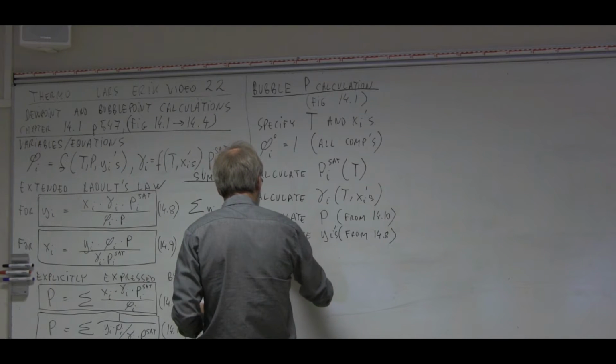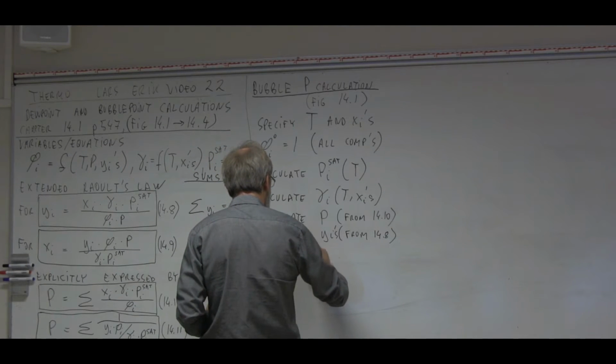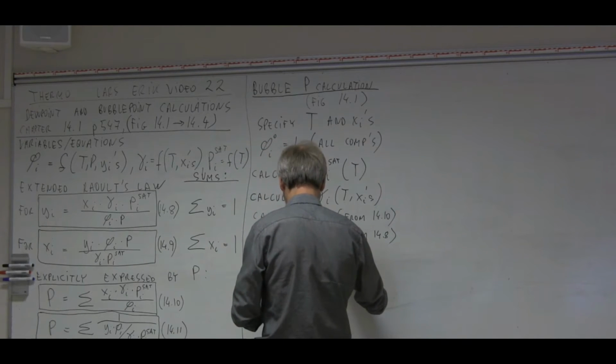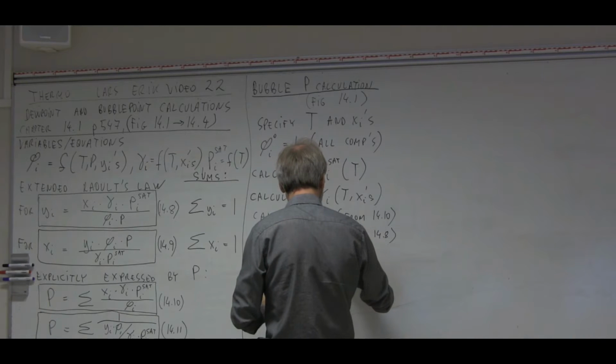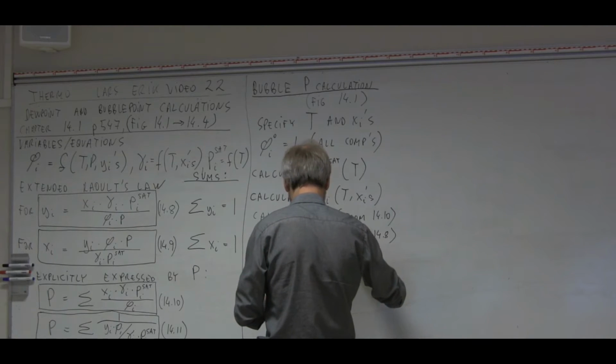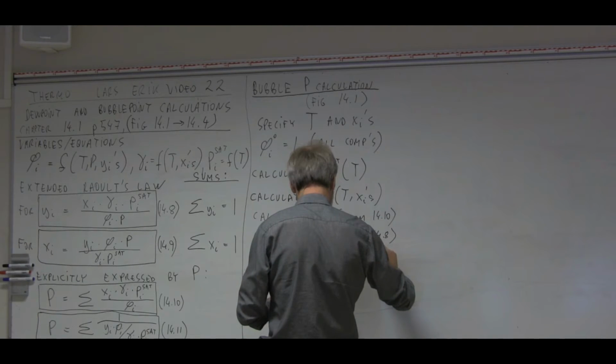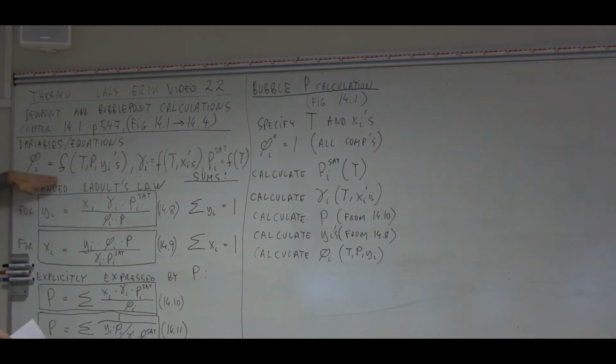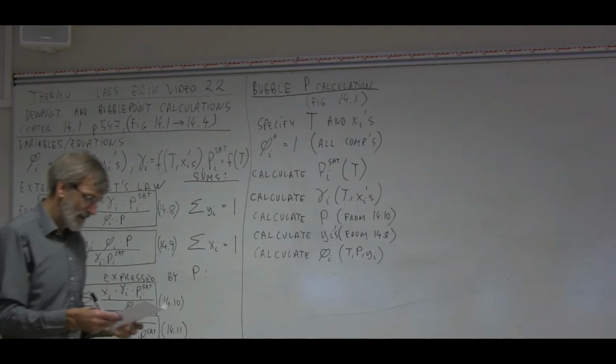Then we can calculate the fugacities as a function of temperature, pressure, and the vapor composition. We assume that the fugacity coefficient is a function of temperature, pressure, and the vapor composition.